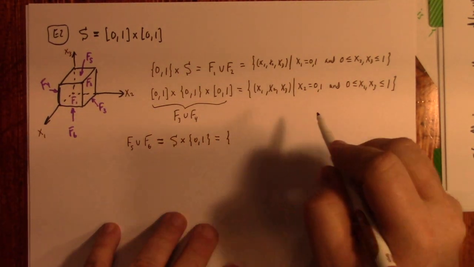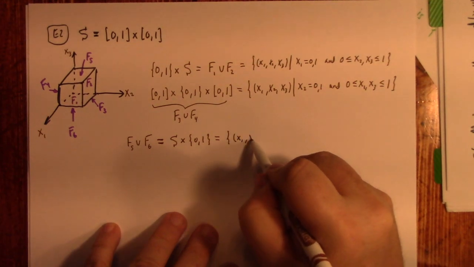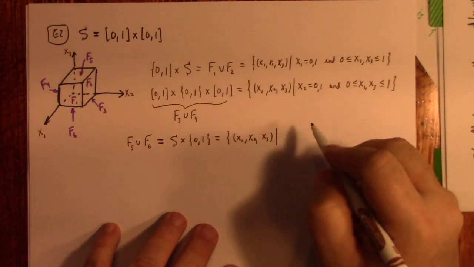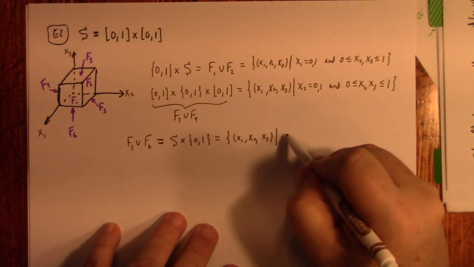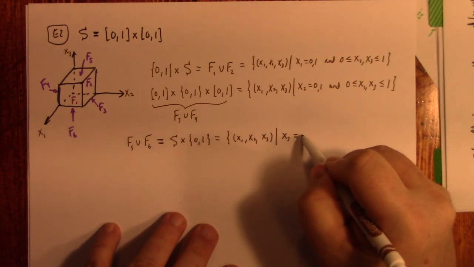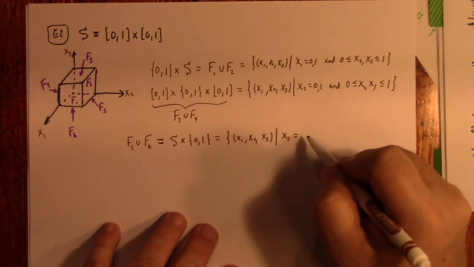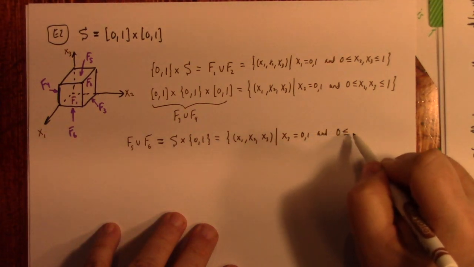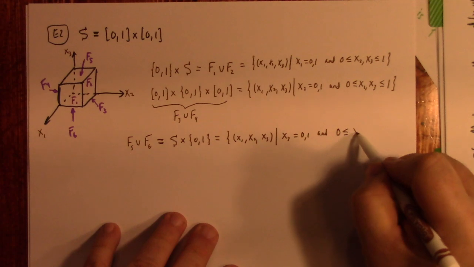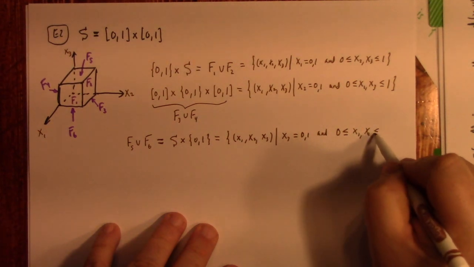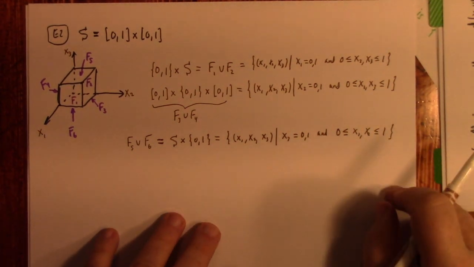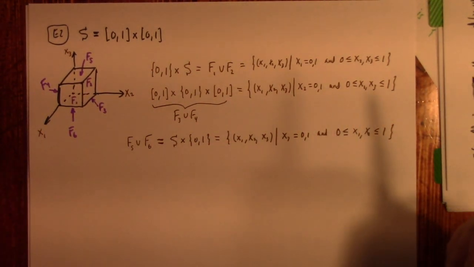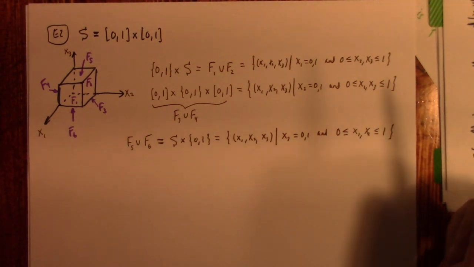So specifically, that's going to be x1, x2, and x3 such that x3 is equal to 0 or 1, and 0 is less than or equal to x1 and x2, which are less than or equal to 1. So that's the top and the bottom faces of this cube, right?